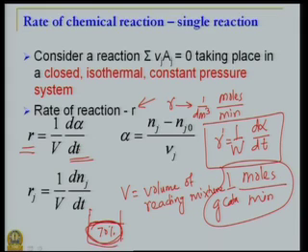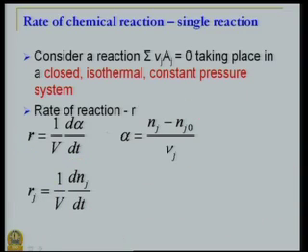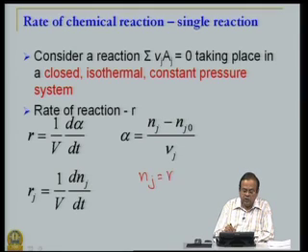Now, we have this extent of reaction d alpha dt, and how did we define alpha? We had defined alpha based on Nj equals Nj0 plus nu j into alpha, or alpha is Nj minus Nj0 divided by nu j.